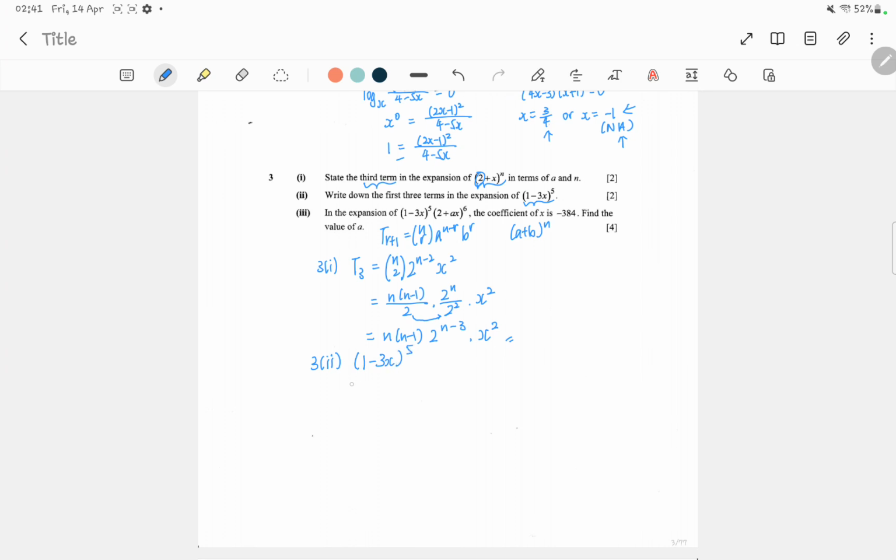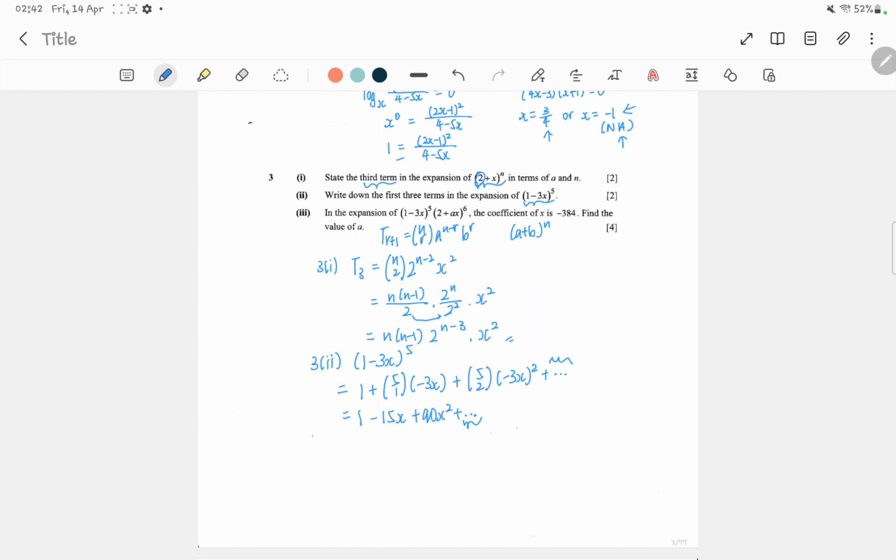So this equals 1 plus 5 choose 1 (minus 3x) plus 5 choose 2 (minus 3x) whole thing squared, which equals 1 minus 15x plus 90x squared plus dot dot dot. Whenever you do binomial theorem, you need to remember this plus dot dot dot to indicate that there are more terms, but we are not writing them.